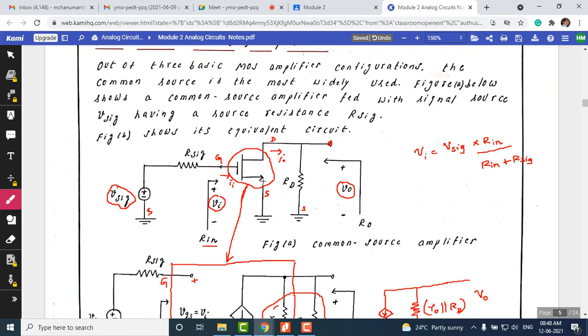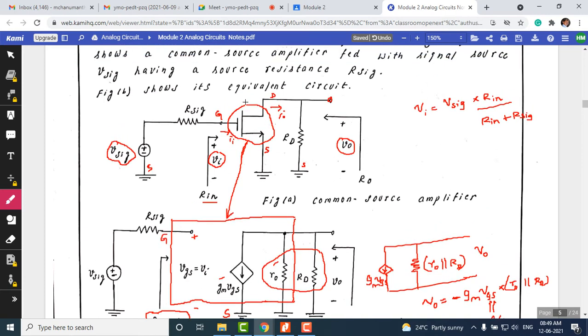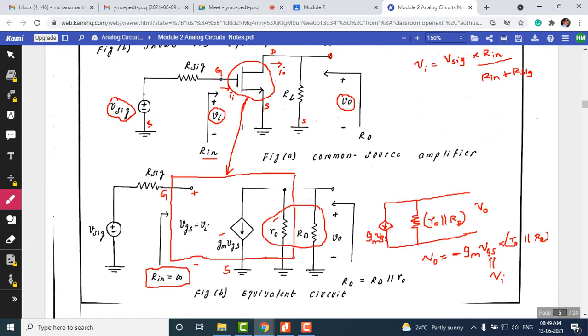Excluding the capacitors is what we have shown here. Now, to do the analysis, we have to write an equivalent circuit of the MOSFET, and then you can write equations for various parameters. We know the MOSFET equivalent circuit according to the hybrid pi model, shown here, and we can attach the other components to this equivalent circuit as per the circuit diagram.